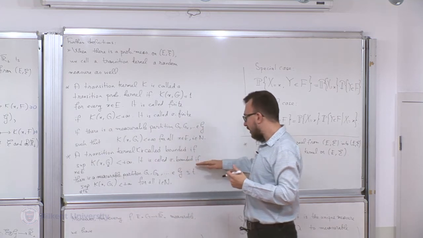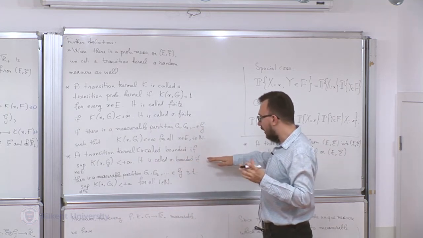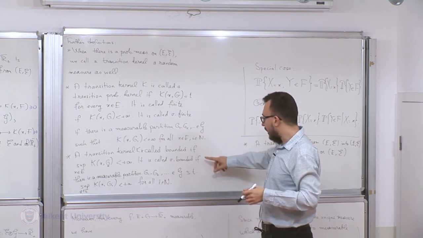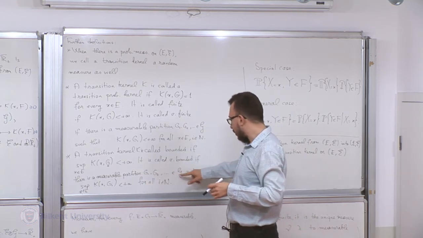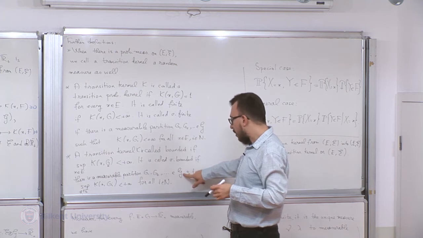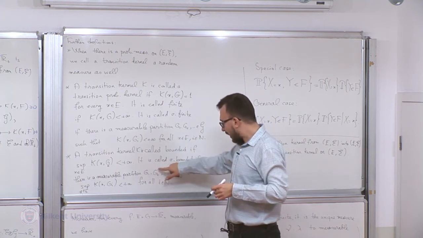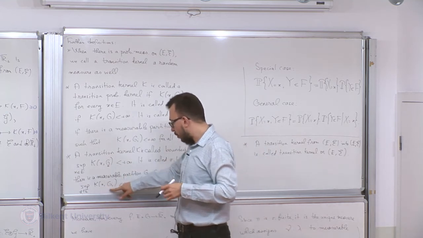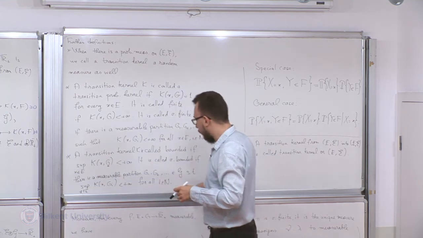And sigma boundedness is kind of a way to combine the two natures of K, namely that you need a measurable partition from the second space, and over each set, your kernel is bounded.